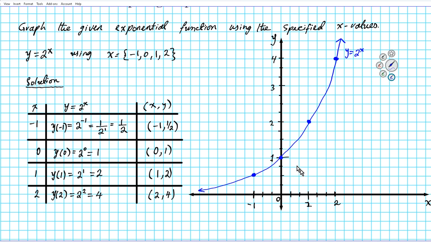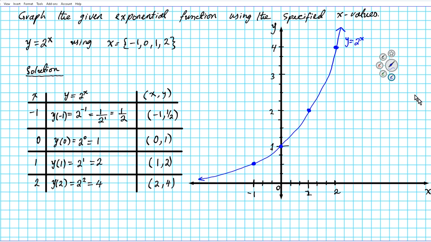All right, so let's go ahead and specify our domain and range. So let's start with the domain. Think about the domain as the width of the graph. All parent exponential functions of the form y equals a to the x have identical domain and ranges. So the domain is how far to the left and how far to the right it goes.